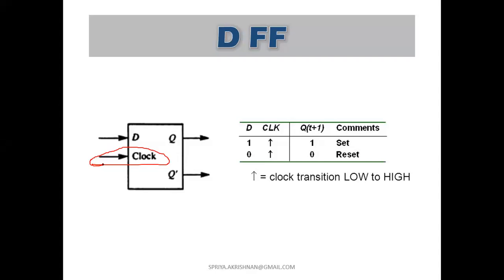It's a flip-flop. A latch will not have any clock input. Q is the output. Q bar is the opposite of this output. All flip-flops will have 2 outputs, Q and Q bar. Q is the main output. If Q is 0, Q bar will be 1. If Q is 1, Q bar will be 0.